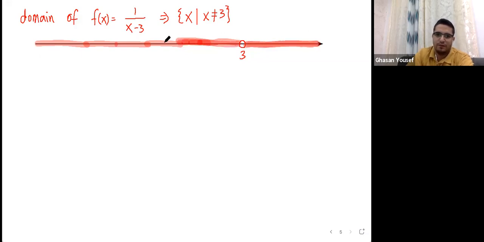So at 3 it should be an open circle. It's not including the number 3.